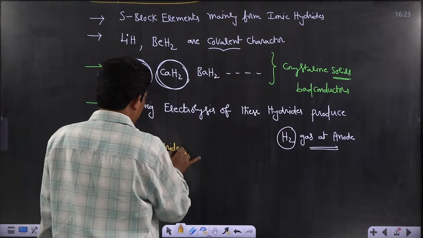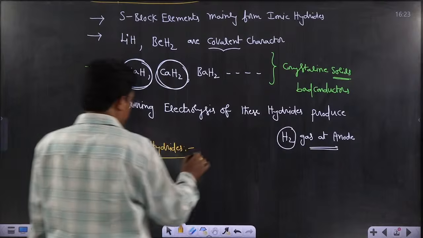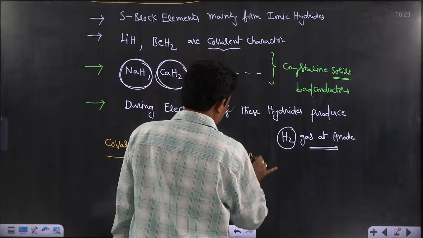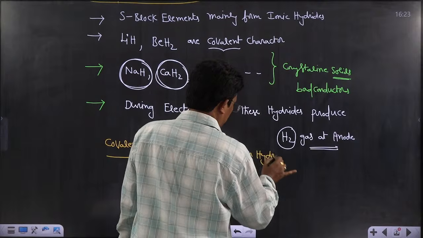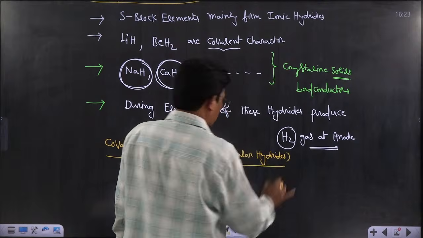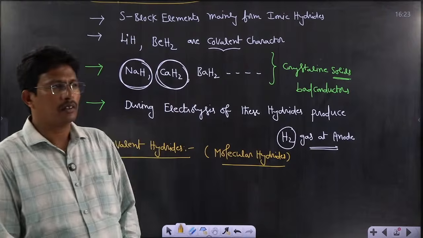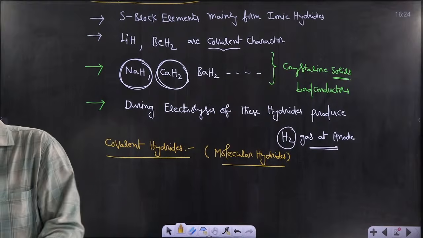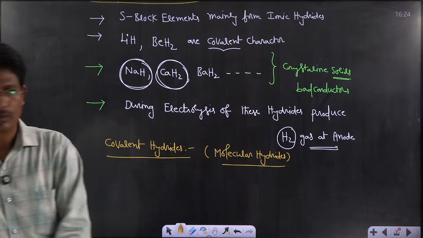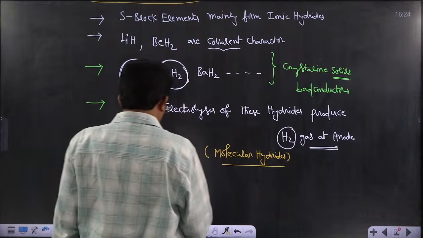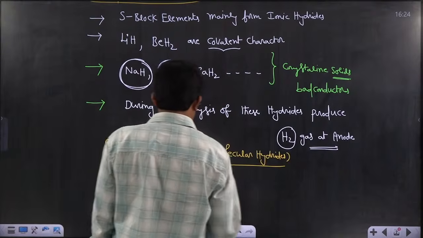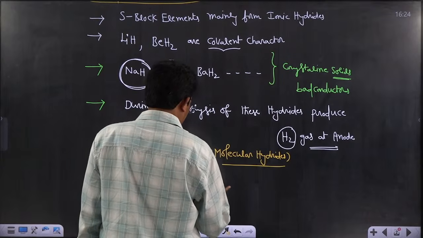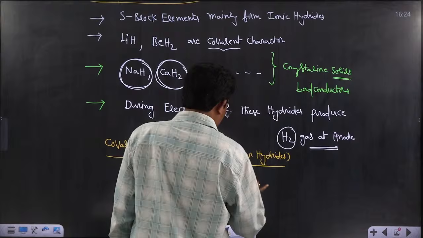Covalent hydrides are nothing but molecular hydrides. These are formed by the non-metals in P block.